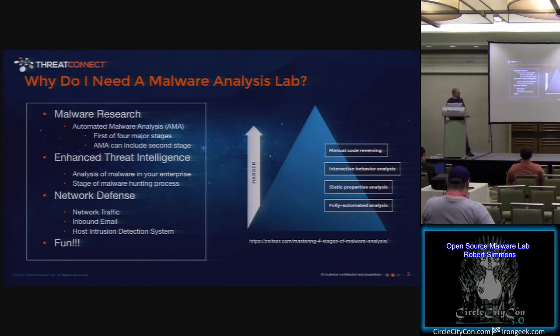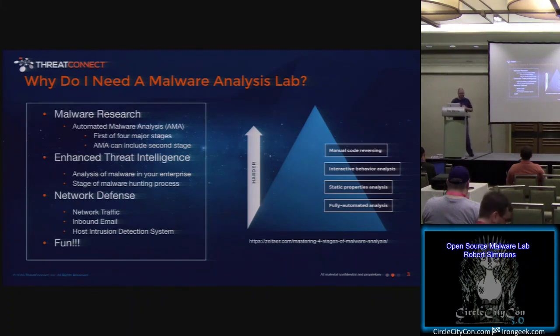And additionally, you can use this as part of your malware hunting process. So if you're hunting for malware, it's always good to have an automated malware analysis system that you're funneling the malware through first before you go through some of those more difficult stages, because if you get something, you can get value out of the automated processes before you need to spend time on those more difficult processes.